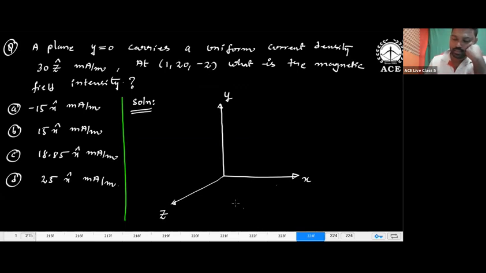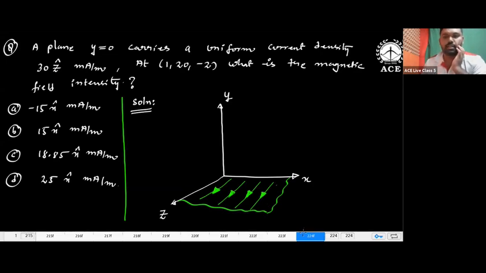That means it is in the xz plane. Here it is x-axis, here it is y-axis, here it is z-axis. So the current is flowing in which direction, beta? Z direction. So here is a Z direction like this.